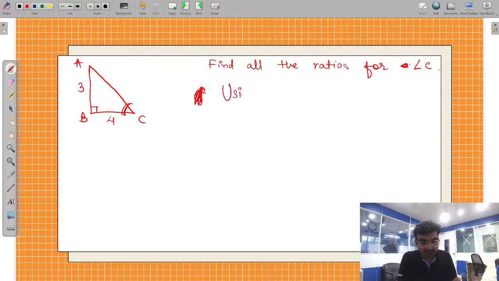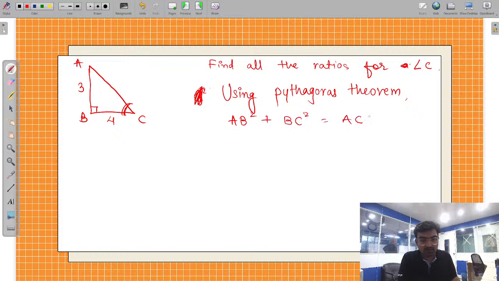Using Pythagoras theorem, what do we get? AB square plus BC square is equal to AC square. Now AB square is 3 square, plus BC square is 4 square, and AC square we don't know.